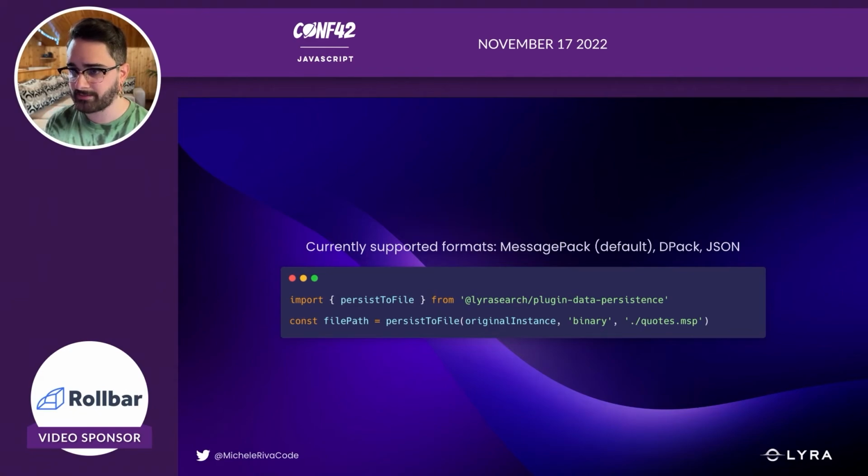We choose the format, binary by default, so MessagePack, but you can also choose DPack or JSON serialization, and an output file. So in that case, quotes.msp, which is MessagePack, of course. So we are basically taking the Lyra index, serializing it and saving it to disk in a binary format.